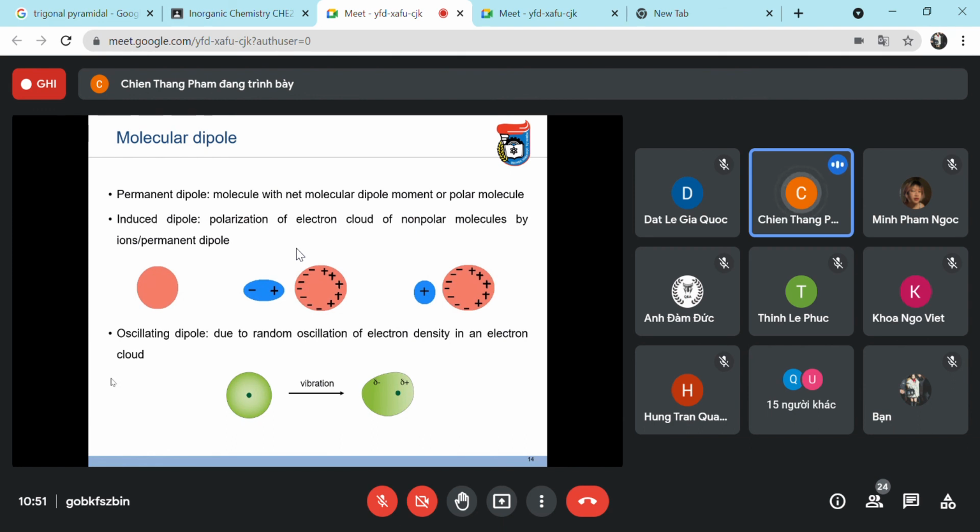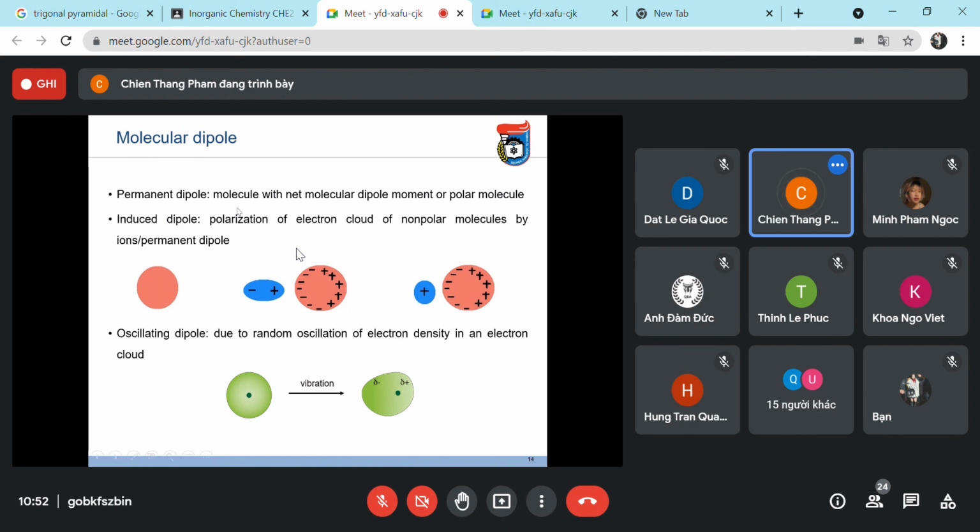Due to the movement of the electrons, sometimes the electron density is not equal, and sometimes electrons move to this part more than another part. So this part becomes negative and this one becomes positive. Now we can see the formation and movement of the dipole because of the vibration of the electrons. So this is called an oscillating dipole.